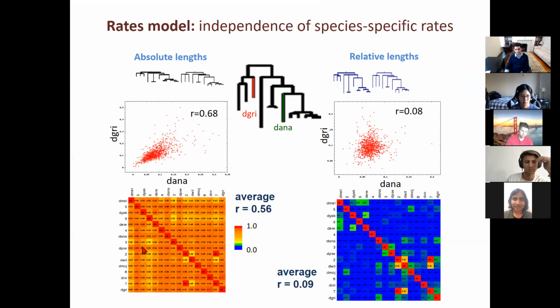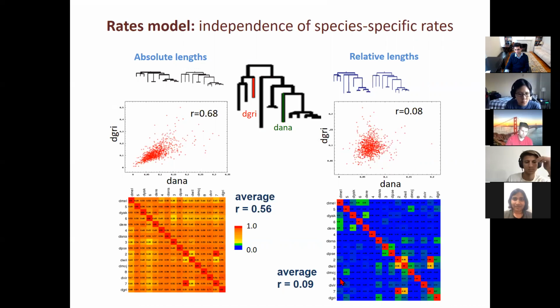That suggests that perhaps we should be scaling these branches across the entire tree, basically take every single tree and scale it to have the same total amount of relative evolution after extracting out the fact that some genes evolve faster and some genes evolve slower. And that indeed shows this capturing of the independence between these two branches, which now have only 0.08 correlation.